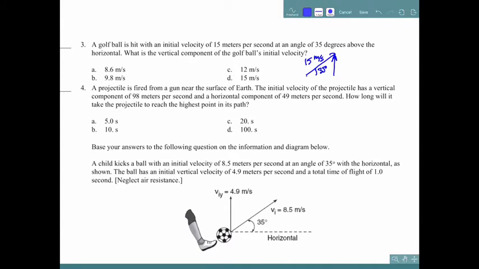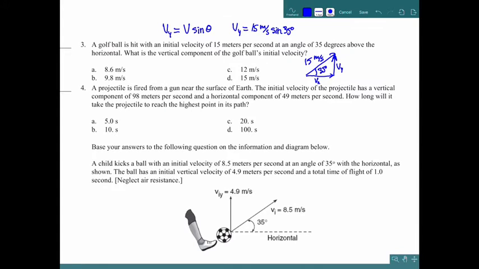And if we do that, we can see this is the horizontal, this is the Vx, this is the Vy. And so we could use equation number 6 on your reference tables, and that would say Vy is equal to V times the sine of theta, and we would get Vy equals 15 meters per second times the sine of 35 degrees.